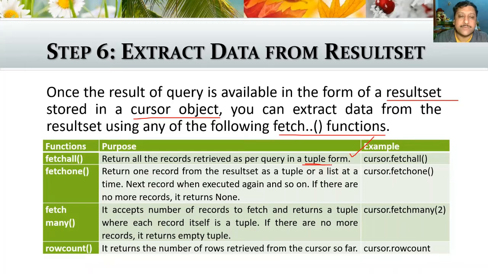Okay, so the fetchall function will give you all the records available in the result set, as per the query, in tuple form. And the command is to be written like this: cursor dot fetchall. Now next one is fetchone. It returns one record from the result set as a tuple or a list at a time. Only one record from the result set, it will give you one record.